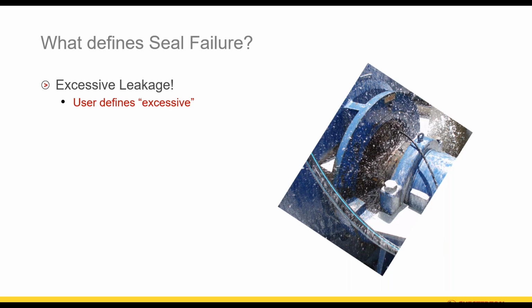The reality is the end user, the owner of the pump, the owner of the seal, they define what's excessive. So then the other consideration is, where's the leakage really coming from in that sealing application? And that's the challenge, because knowing where the leakage is coming from starts to answer the question, how do you correct it? How do you fix it?